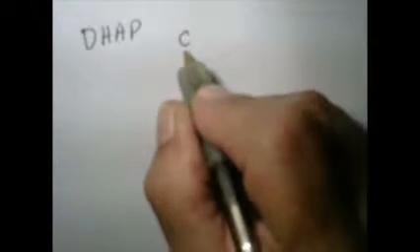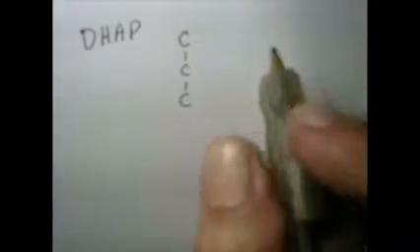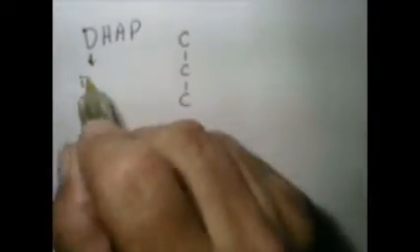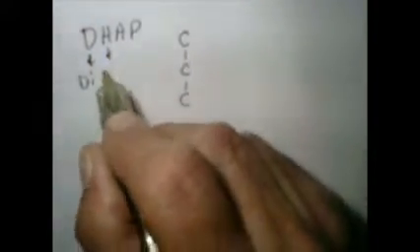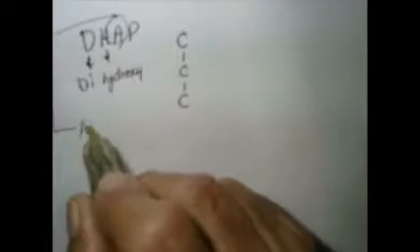First of all, we know it's a 3-carbon compound because we're breaking down our 6-carbon compound into 2 3-carbon compounds. Now let's look at the name. It's telling us di, I have 2 hydroxy groups. And I have an acetone.